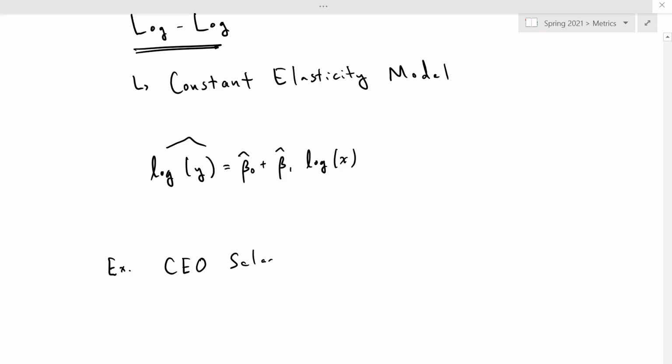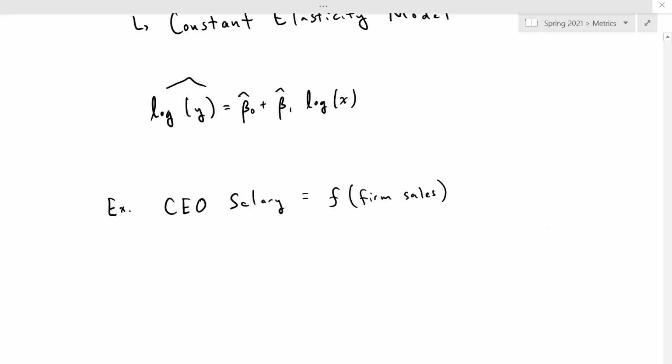CEO salary as a function of their firm's sales. We would think that if sales increase, salary will increase.